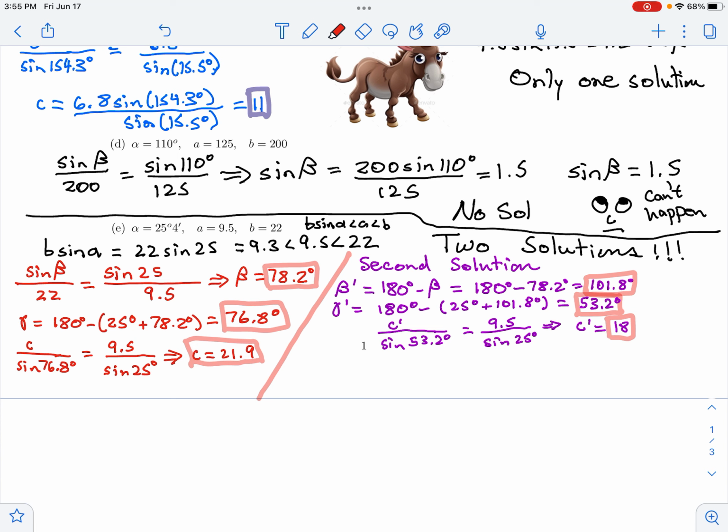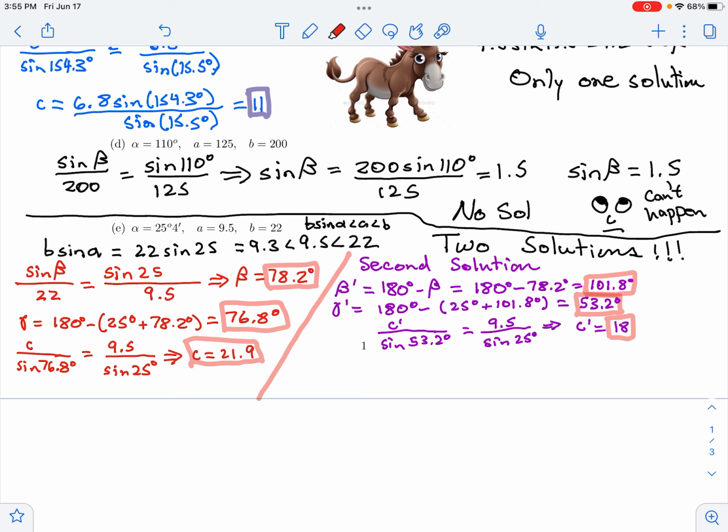Then I find gamma, and then I find c. I'm just going about my business using the law of sines. I've got one triangle solved, but there's another one out there lurking. I've got to find that one, so we need a place to start. I was given alpha, A, and B. Here's where we transition to the new triangle.